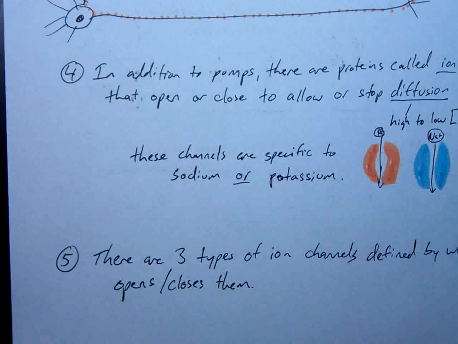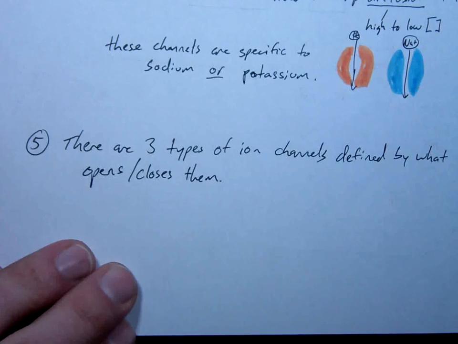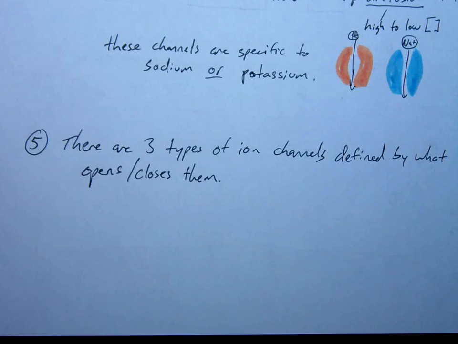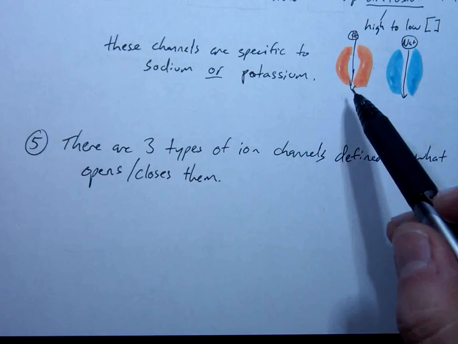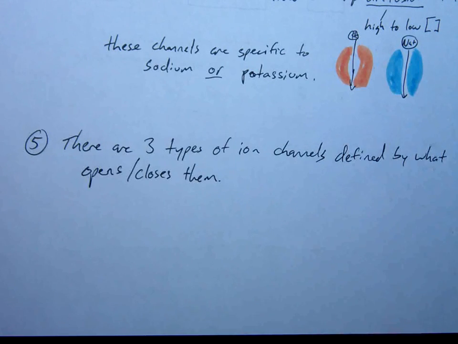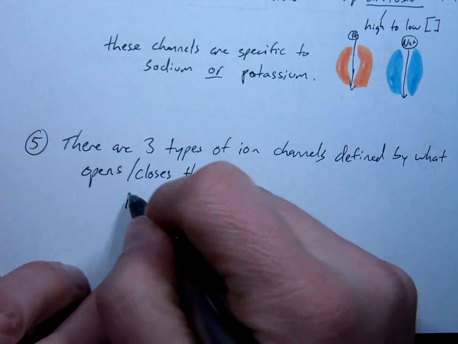Okay. This is our last thing for the notes. So, there are these sodium channels and potassium channels, and they're basically going to be activated by one of these 3 things. The first of these 3 things is this: chemicals.